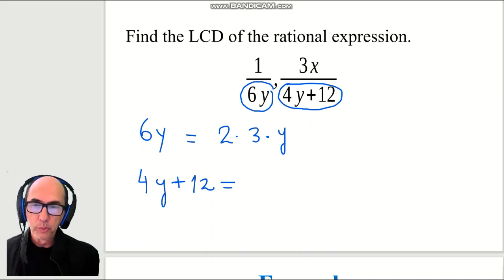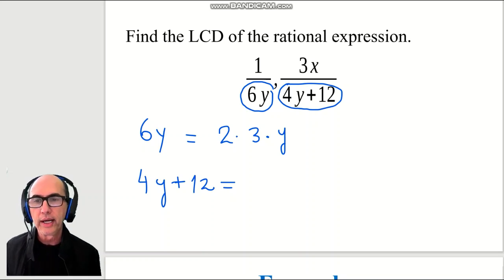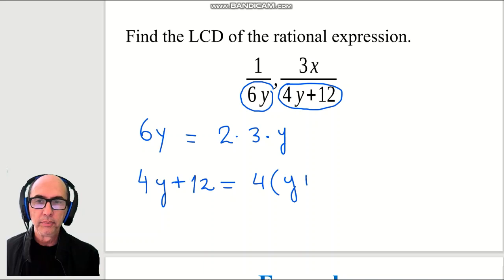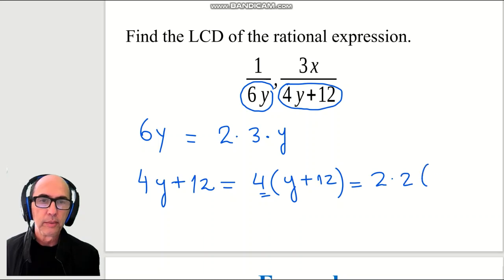But we might be able to find a greatest common factor between 4 and 12. 4 times y plus 3, and we can break 4 as 2 times 2.